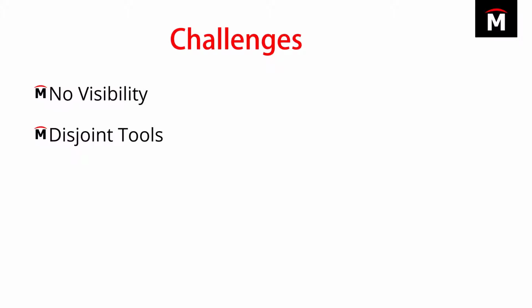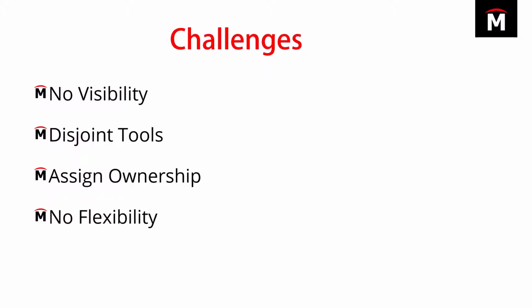On top of that, right now the way that they're tracking things is everything is disjointed, meaning the engineers, the production team, the quality team, and the sales team really aren't in one location seeing all the tasks and all of the changes that are happening. On top of that, they don't have a real way to assign ownership. And there's really not a lot of flexibility.